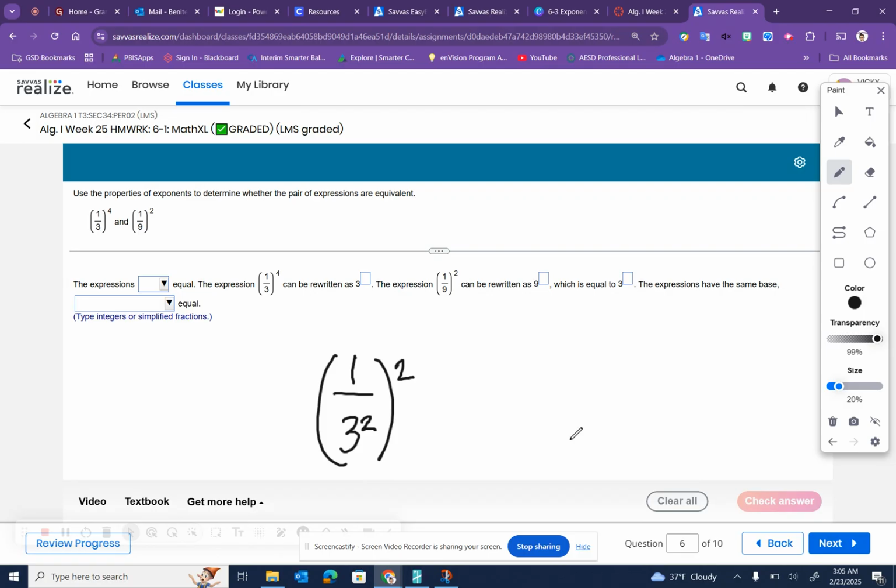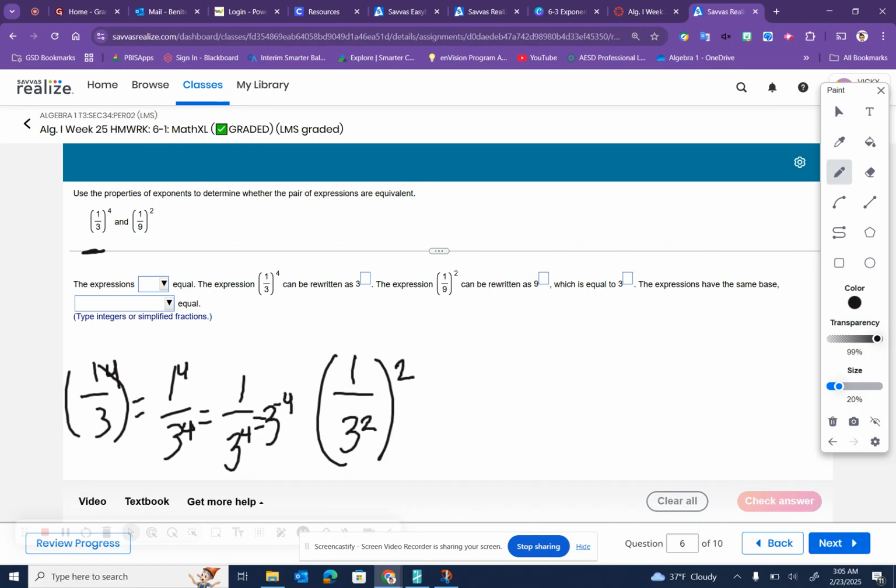So if I take this one here, I can write it as 1/3 to the fourth power, or I can distribute the 4 to both the numerator and denominator, so it becomes 1 to the fourth over 3 to the fourth, which is simply 1 over 3 to the fourth. If I want to bring the exponent up, it becomes 3 to the negative fourth.